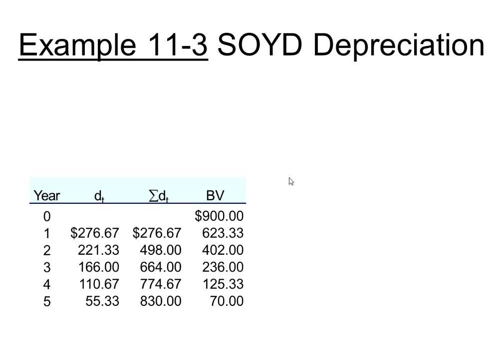So keep in mind that the sum of years digits is found from the formula where n is multiplied by n plus 1 and then divided by 2. So then, right, what we do is exactly this: book value minus the salvage value, and then we use the sum of years digits.